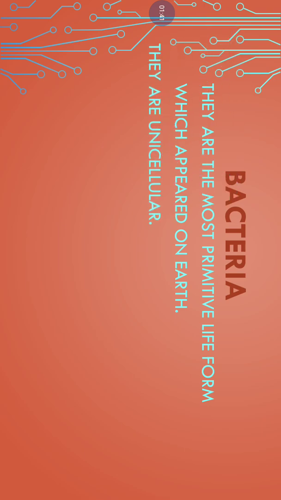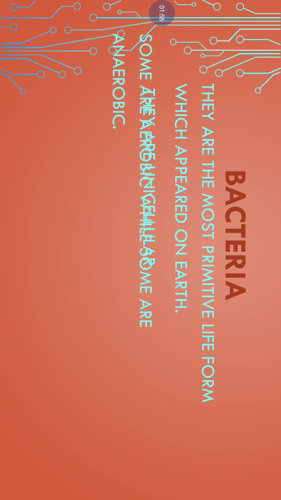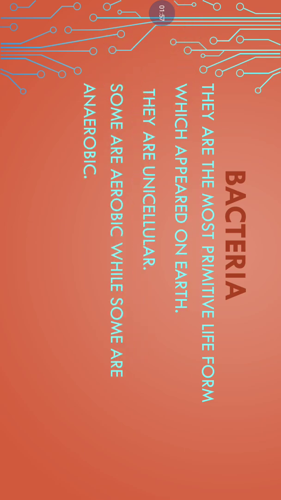Now, the rest of the things about bacteria: all bacteria are unicellular. That means they are made of a single cell, and that single cell performs all the life processes. Some are aerobic while some are anaerobic.